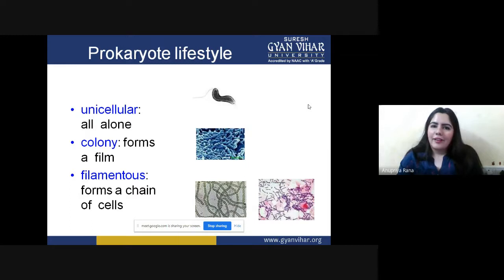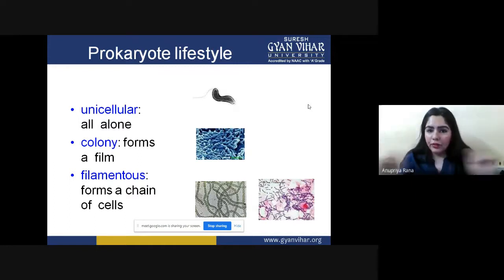Now their lifestyle, how they live their life. They can be unicellular, just a single cell. They can form a colony if they like some social life. They can be present in a colonial version, like 50, 100, 2000, 5000, the number depending on the species. They can be present together.